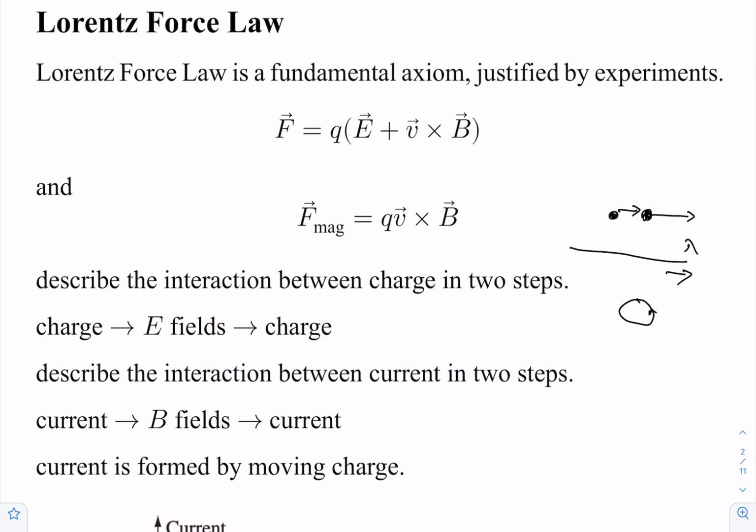A charge produces an E field according to Maxwell's equations, and this E field then applies a force according to the Lorentz force law. Likewise, a current can produce a B field according to Maxwell's equations, and the B field will also exert a force on another current. This describes the interaction between a current and another current, and this step is described by the Lorentz force law.